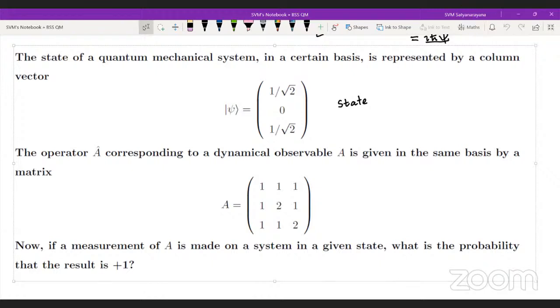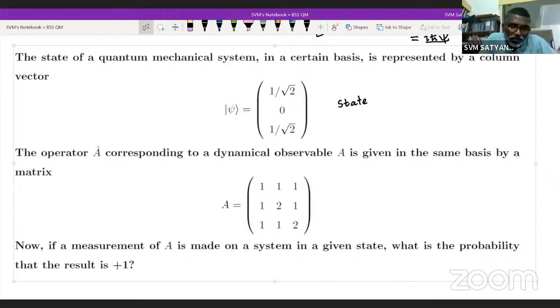You will get an eigenvalue only if it is an eigenvector, correct? But this is not an eigenvector of A. So you will not get any eigenvalue, correct? Normally what happens is if you operate A on psi, it will become some other vector phi.